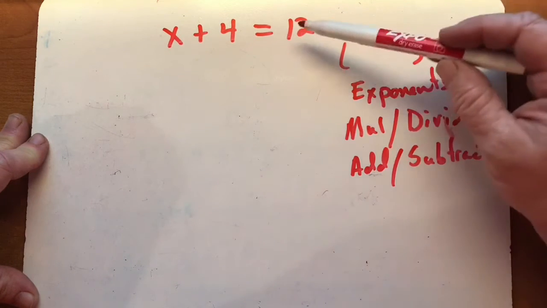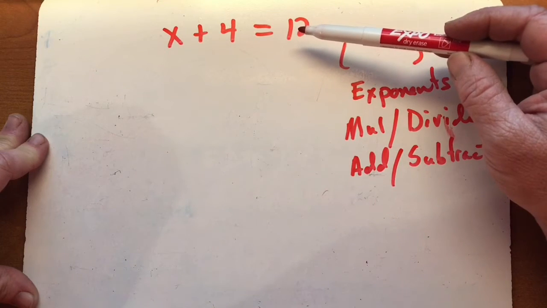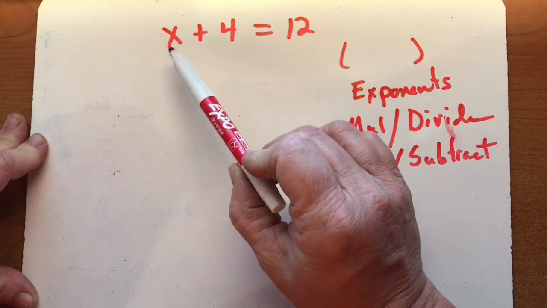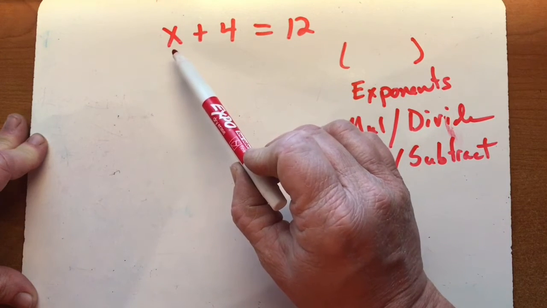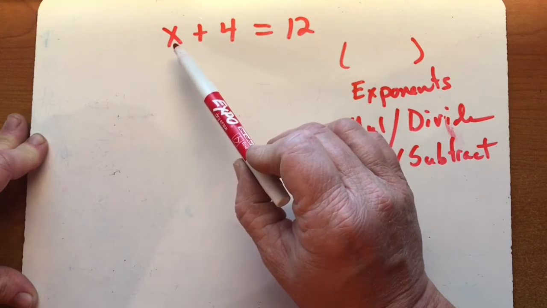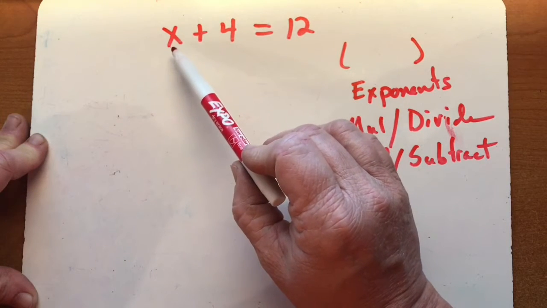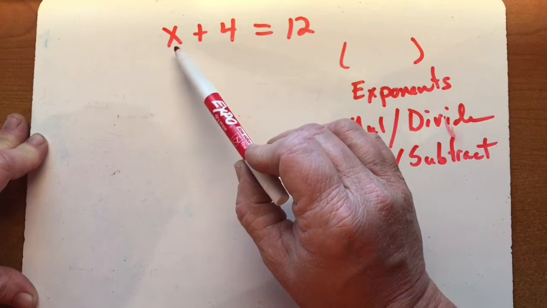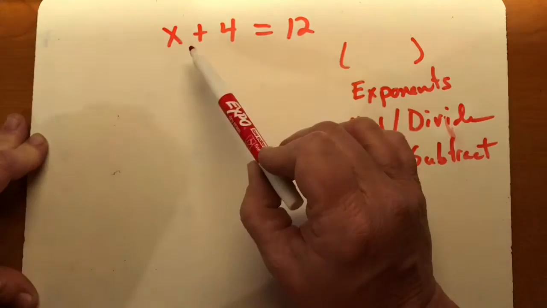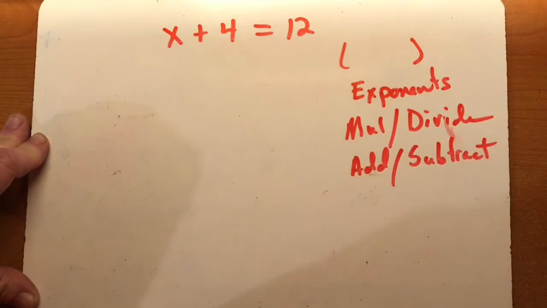When you're solving an equation, when you're trying to figure out what this letter is, what number this letter represents, you need to isolate the variable. That's the terminology used. You isolate the variable by using basically the reverse order of operations. Okay?